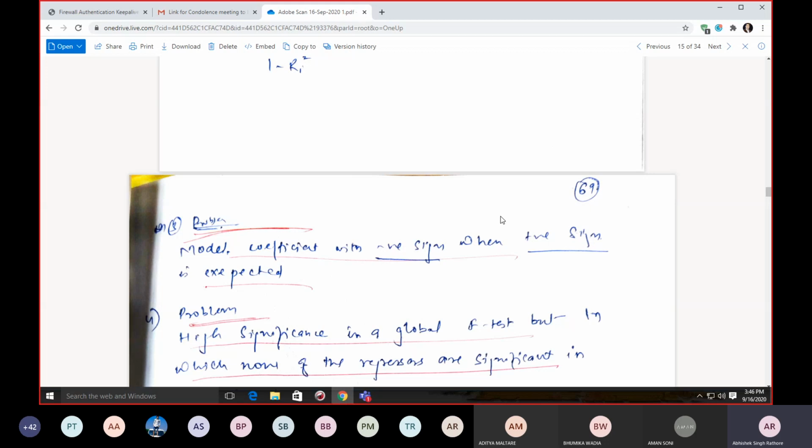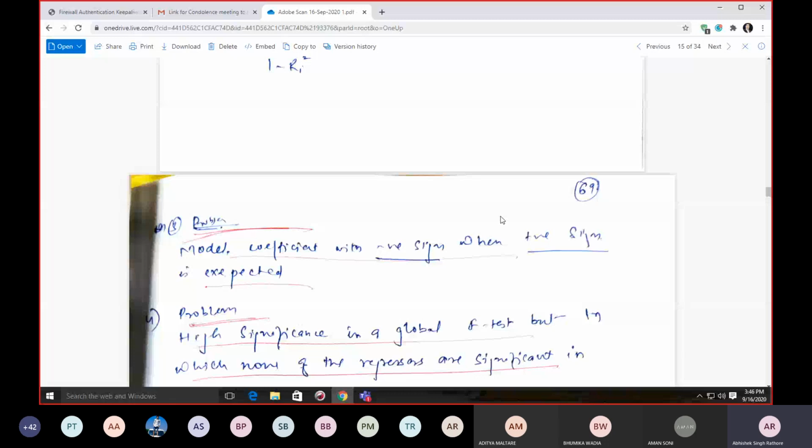Again, the third problem is with the model coefficients, that is your beta naught and beta i's. If we are assuming that their sign is negative, and multicollinearity exists, then we'll get a positive sign, or if we are expecting a positive sign for these coefficients, we'll get a negative sign. So we'll get different signs because of multicollinearity.